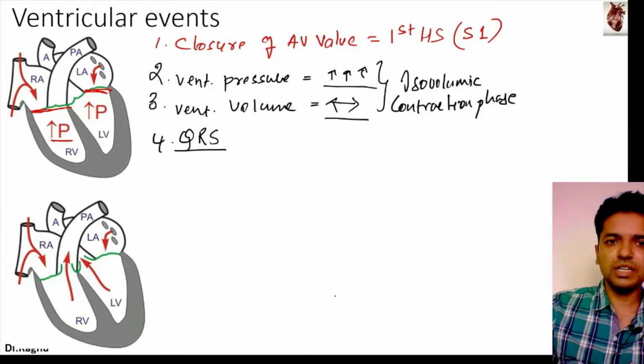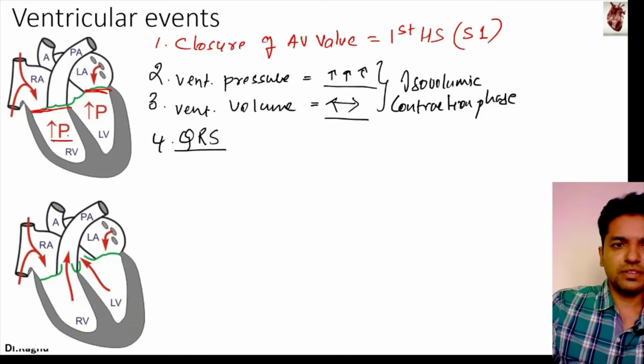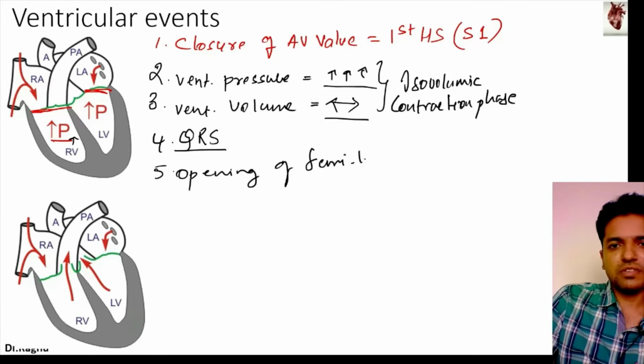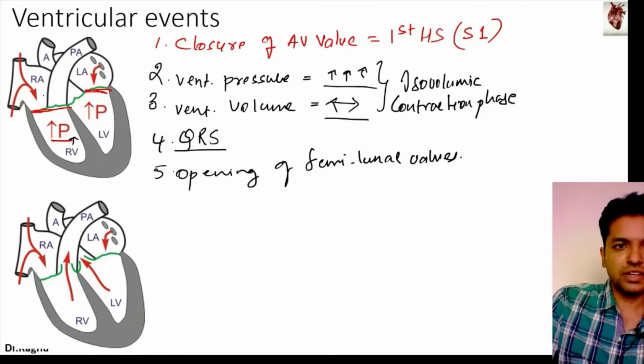complex on the ECG. Now the pressure inside the ventricle keeps on increasing. The pressure inside the ventricles increases more than the pressure in the big vessels, that is in the pulmonary artery as well as in the aorta. Now this results in opening of the semilunar valves, that is the pulmonary valve and the aortic valve, as you are seeing here in the diagram.